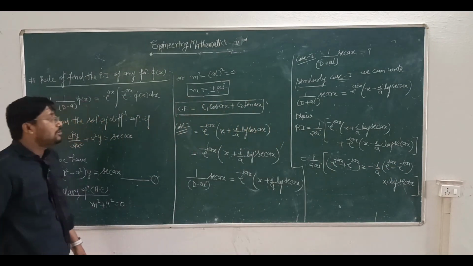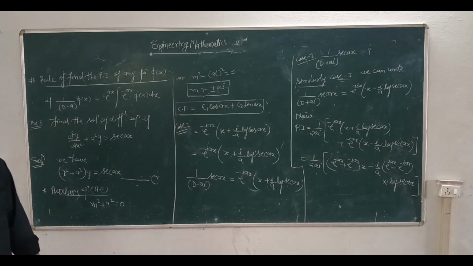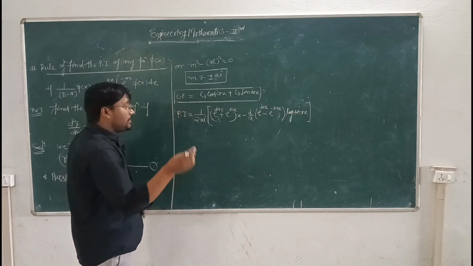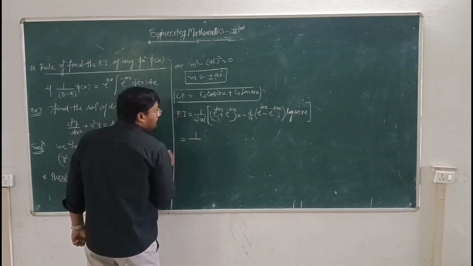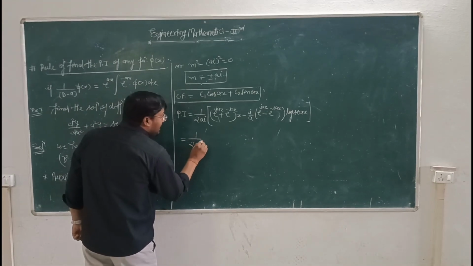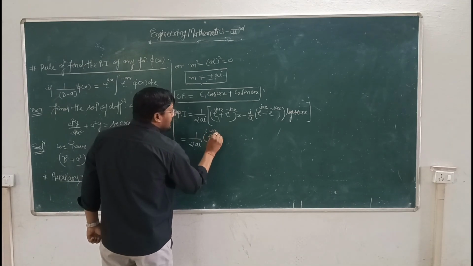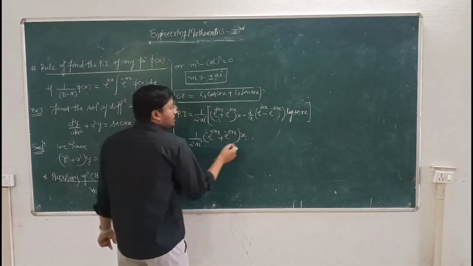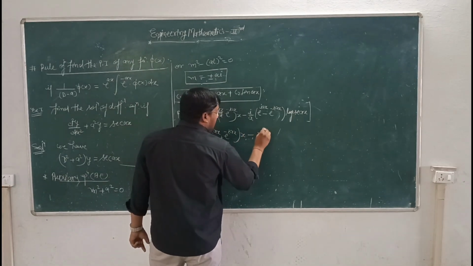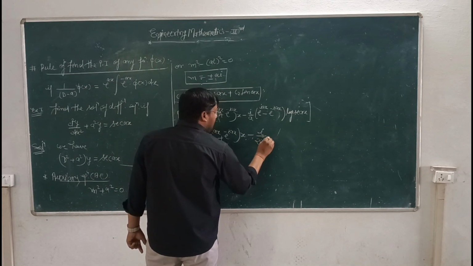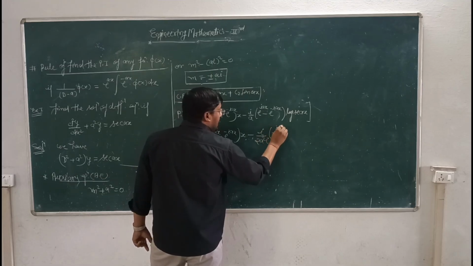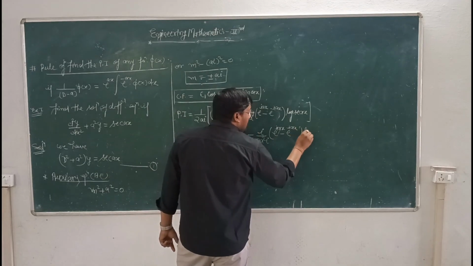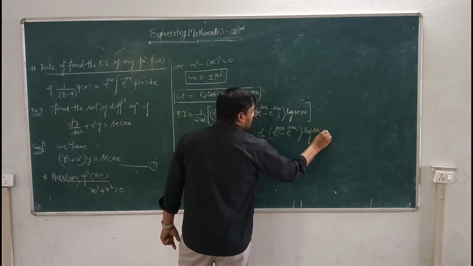Now first of all you can note down this numerical. You continue to this step. You can write this. Next step is 1 upon 2ai, e to the power iax plus e to the power minus iax into x minus i upon 2a square i, e to the power iax minus e to the power minus iax bracket close log sec ax.